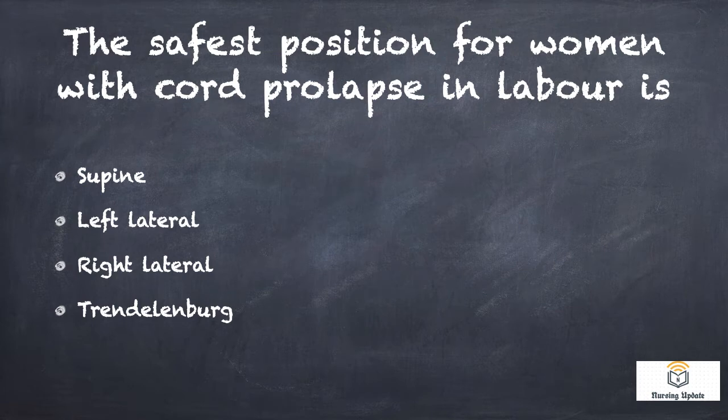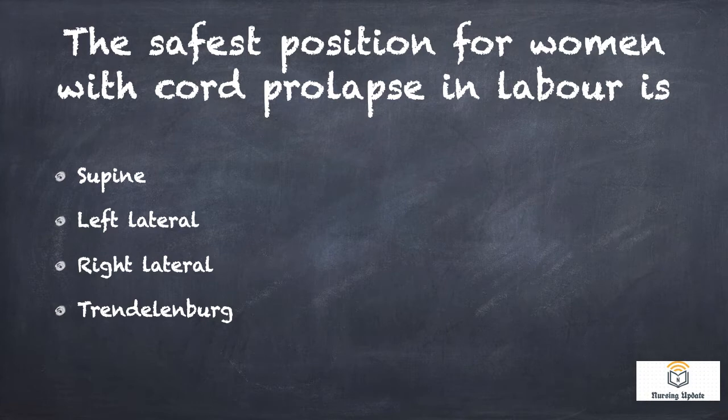Usually the head will be the presenting part. Instead of the head, if the umbilical cord comes and touches the pelvis first, that condition is known as cord prolapse. There are many other types, like occult cord presentation, but leave that. In simple terms, the presenting part will be the umbilical cord.